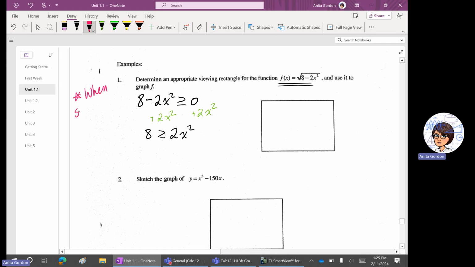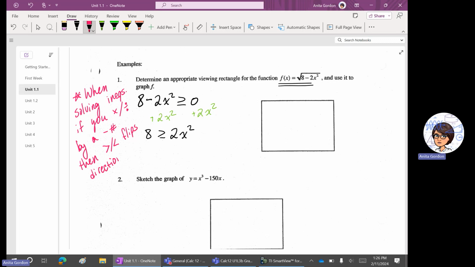When solving inequalities, if you multiply or divide by a negative number, then the arrows, so either less than or greater than, flip direction.